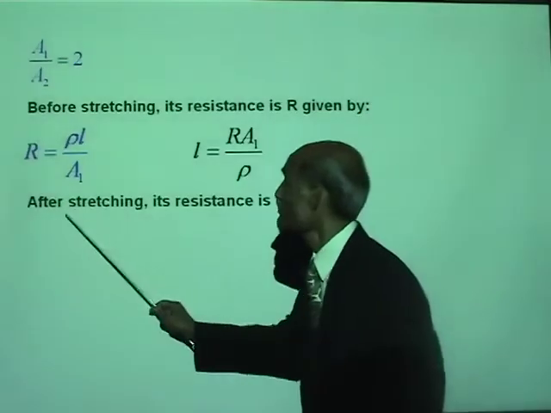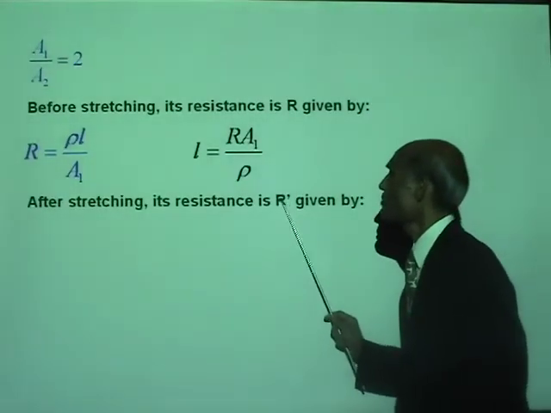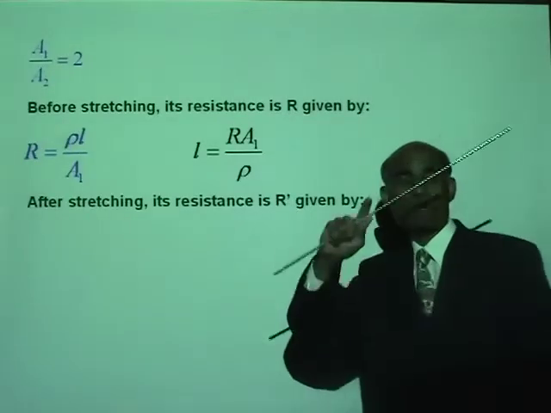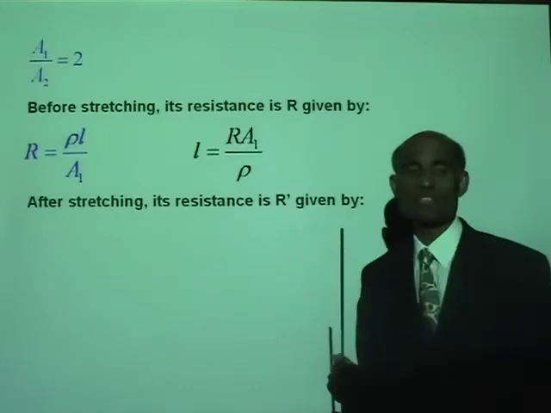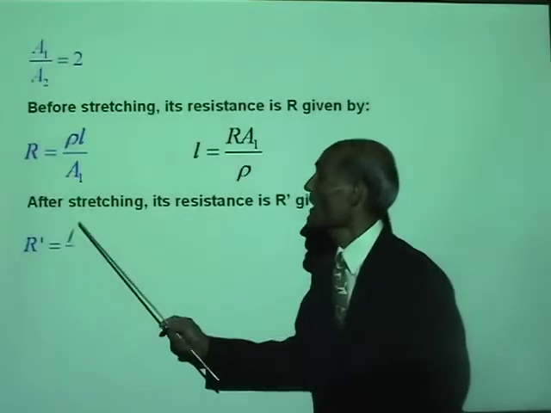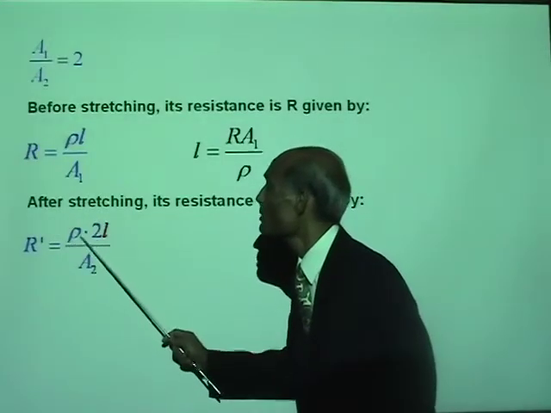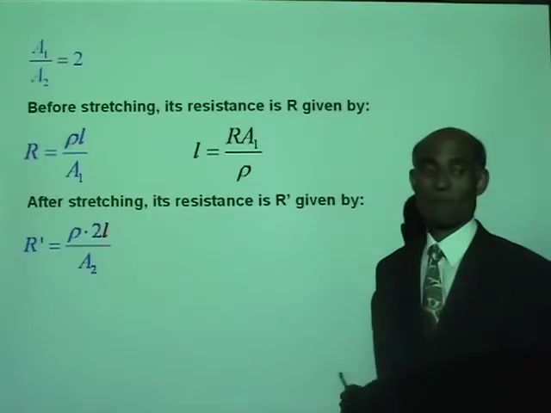Alright. After stretching, its resistance is R prime. I just wrote R and put a prime and call it R prime. And that is the resistance after stretching. Can you write an equation for that? R prime equal to rho times 2L over A2.